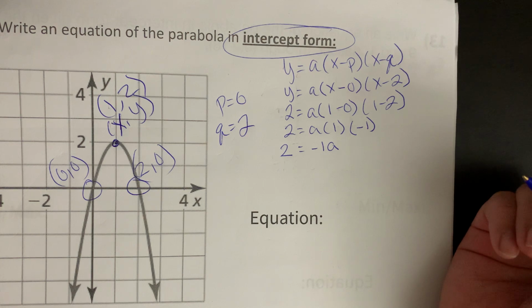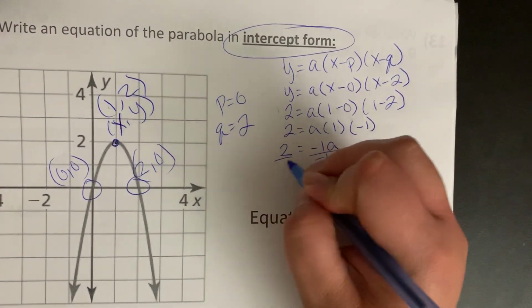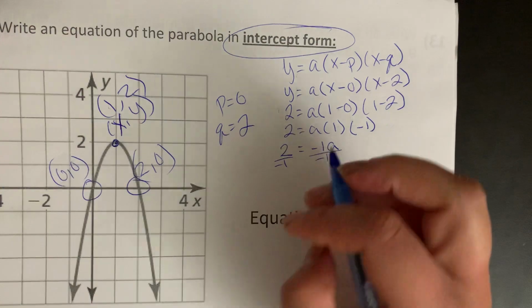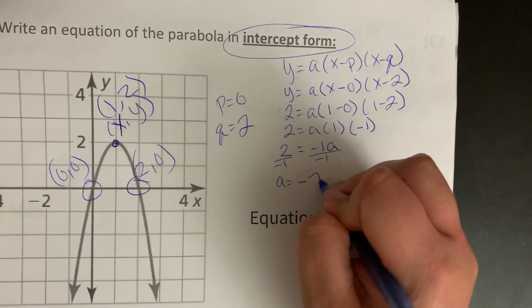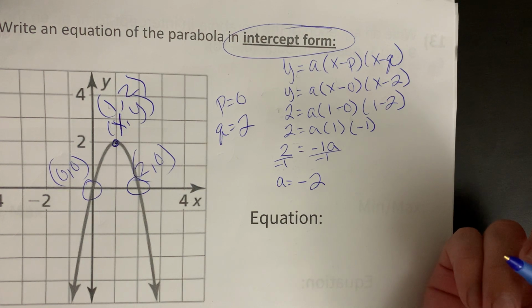Wait, did I do that right? I think so. Let's find out. Divide both sides by negative 1. So you're going to end up with a equals negative 2. Hopefully I did this right. Sorry, guys. I'm tired. I think I did.